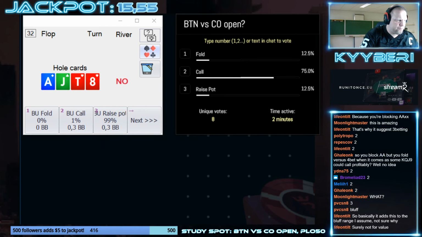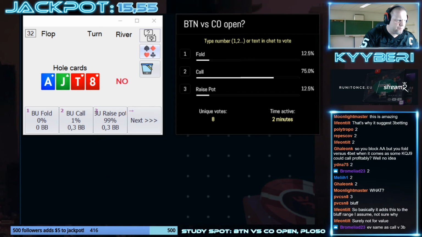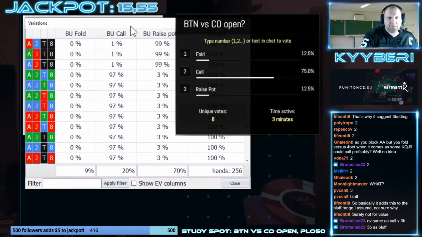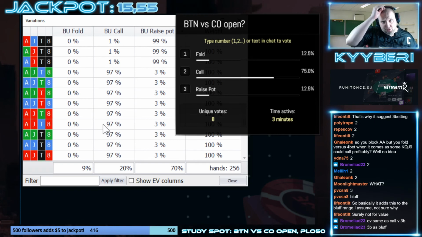Let me see. So here we can see the variations in suits, and there's a huge drop when it becomes 3-suited.